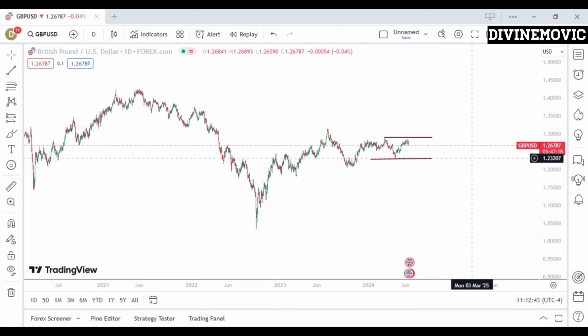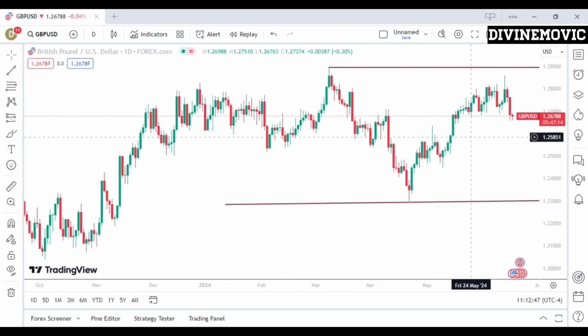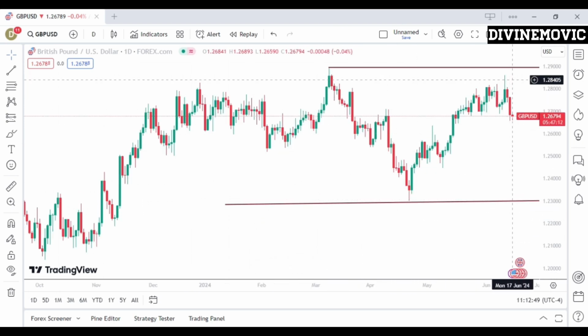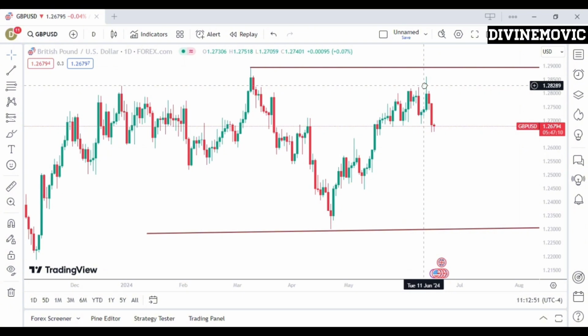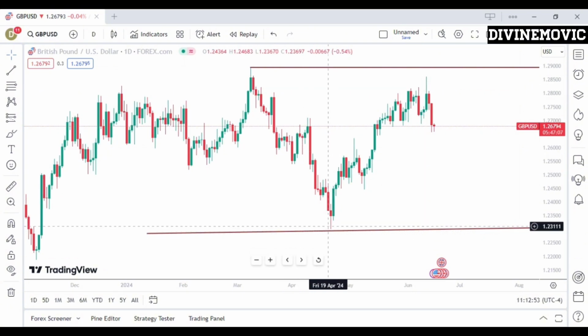Next, we want to understand what price is doing from this support key level up to this resistance key level, right? We want to understand what price did as it went to this point, and what price is likely going to do from here. Now, we want to understand that on the 4 hour time frame.